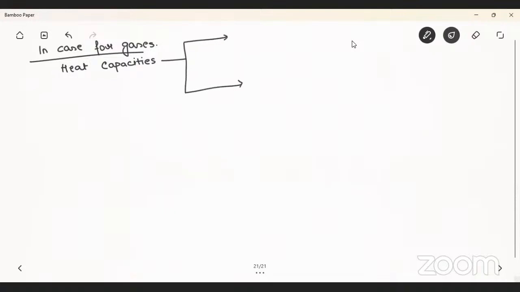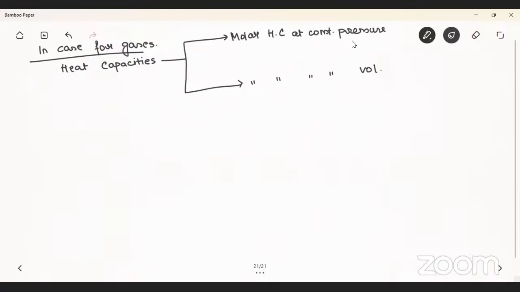Okay, so what are the two types of the heat capacities? Molar heat capacity at constant pressure, and another is what? Molar heat capacity at constant volume.